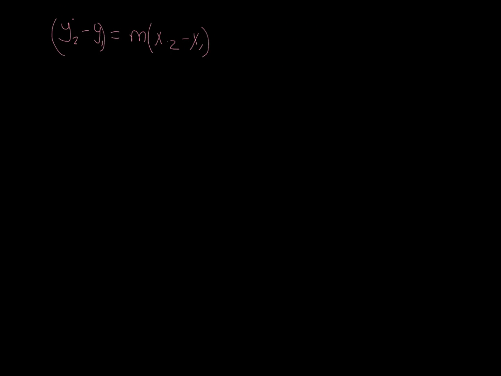If you remember what I did before, slope-intercept is y equals mx plus b. So you can see that the m in the previous equation was the slope. Same way, m in this equation is the slope.